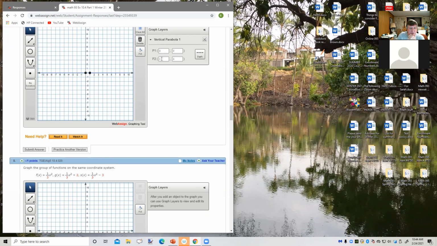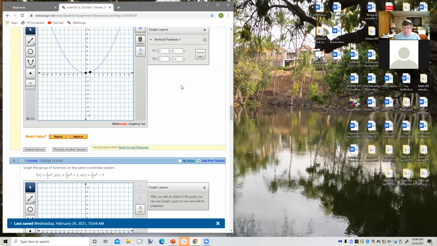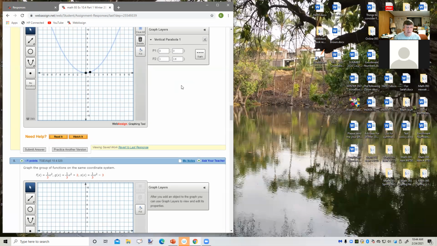My second point was 1, comma, it was supposed to be 1/6. Okay? So see how I did that? Don't go to your calculator and put in 1/6 and get some decimal approximation. Put the fraction in there. And I also think it doesn't take mixed numbers. So if you come up with a mixed number, use an improper fraction, okay?